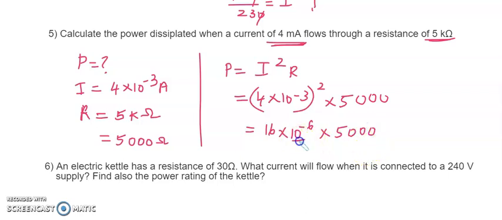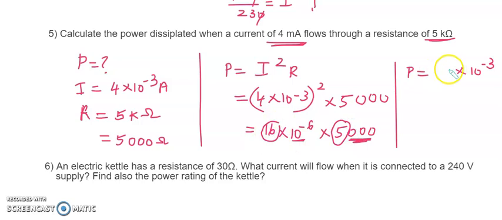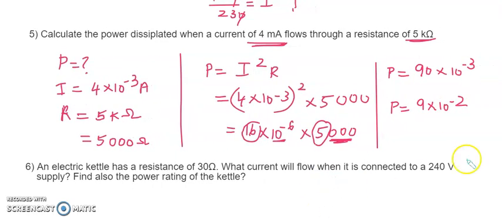Now this 10 raised to minus 6 and 1000 will simplify, and you will get 10 raised to minus 3, because 1000 is 10 raised to plus 3. So power is equal to 10 raised to minus 3. That part I have done. Now 5 multiplied by 16 gives me 80. So I can further simplify it as 8 times 10 raised to minus 2 watt. So here I've used the formula I square R.